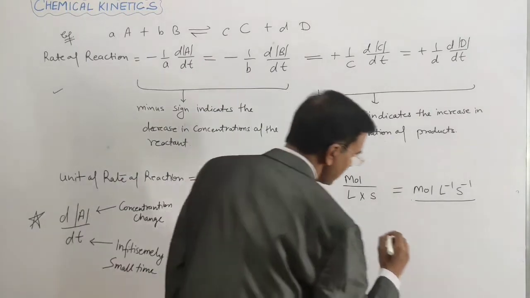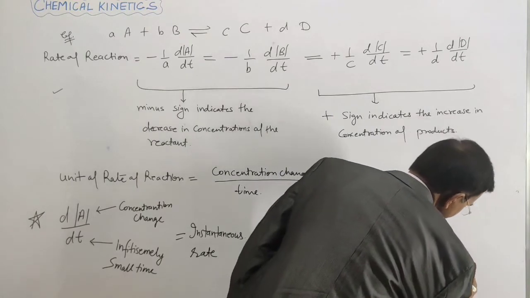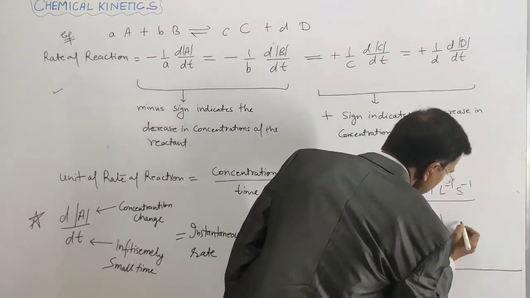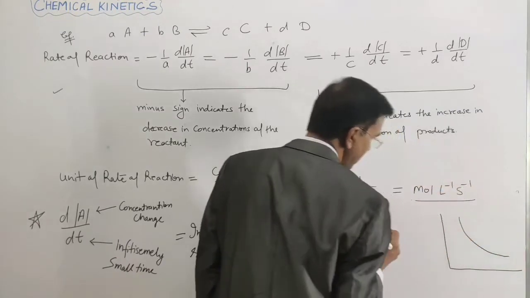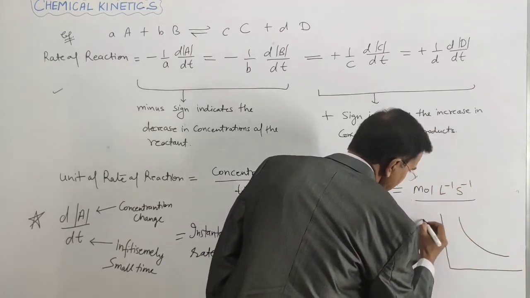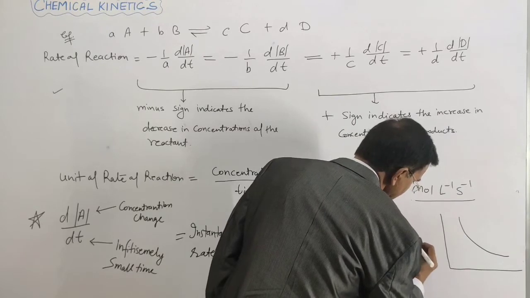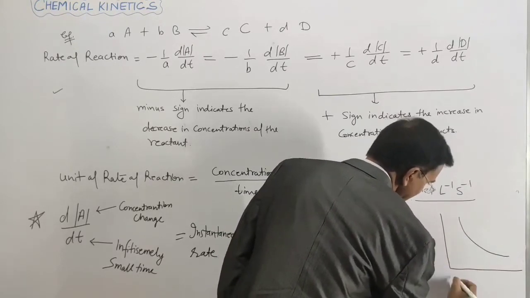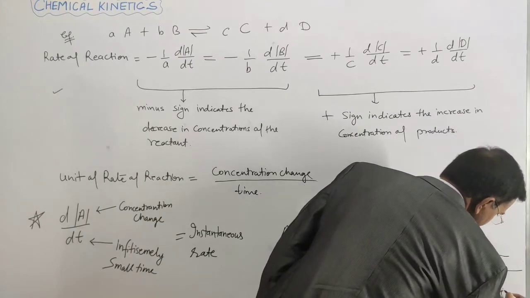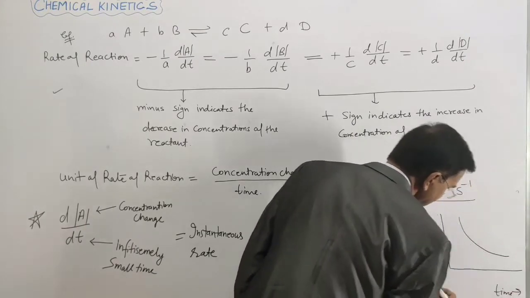And another thing is the average rate. Suppose this is the graph between concentration and time.